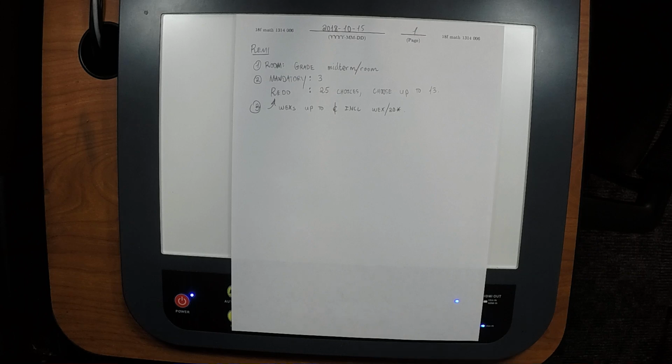Okay, no dispute. But the thing is it was the choice of, well, are you going to turn in the 20s? The answer to that is yes. And then are they going to be on just the final for redo, or the midterm and the final for redo? I decided that the more generous one was both.